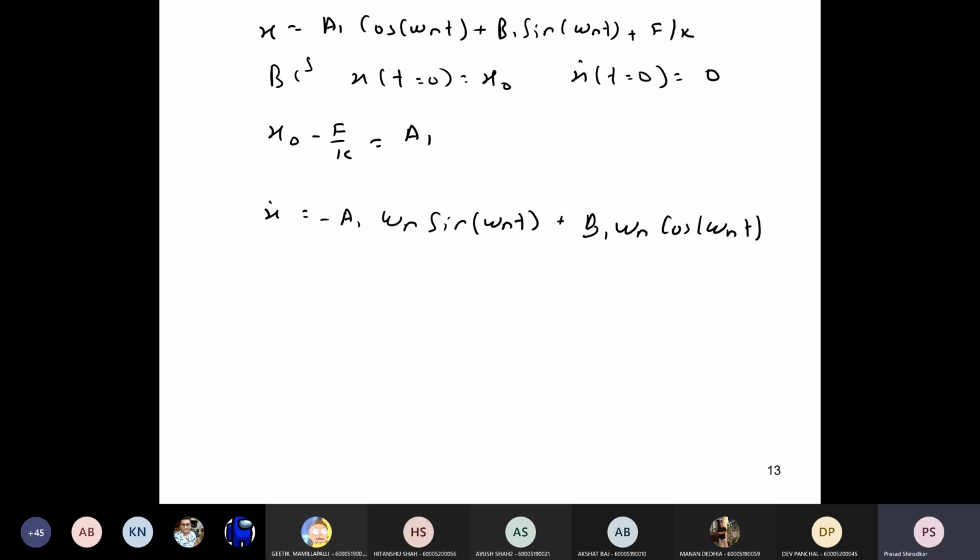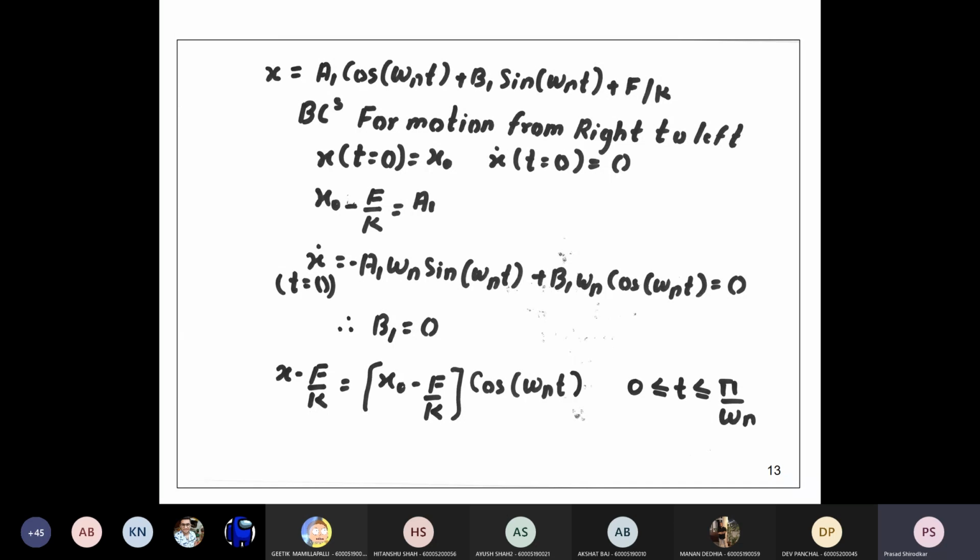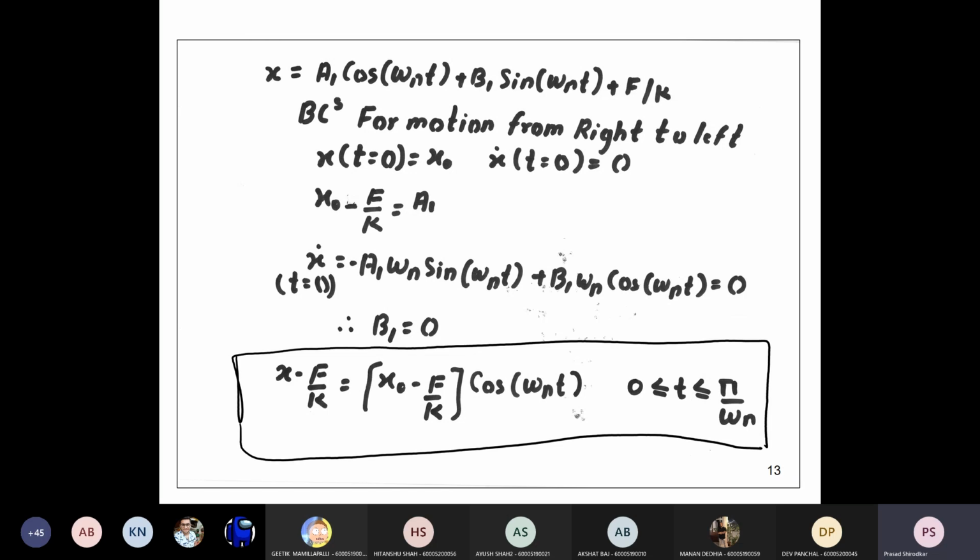At t equal to 0 this is equal to 0. Put t equal to 0: the sine term becomes 0 and the cosine term becomes 1. So b1 into omega n is 0, therefore b1 is equal to 0. Substitute a1 and b1 in the equation, and I get x minus F by k equal to x0 minus F by k into cos omega n t. This is valid for the time period 0 to pi by omega n, that is the one half of the cycle. All right. Any questions?